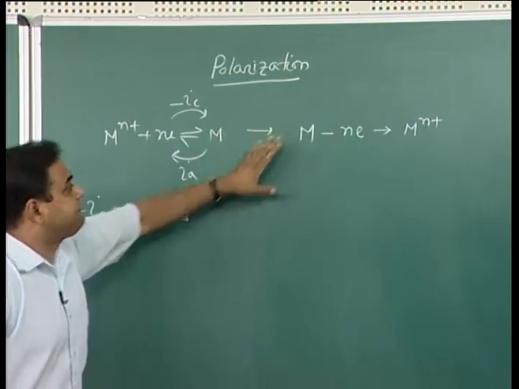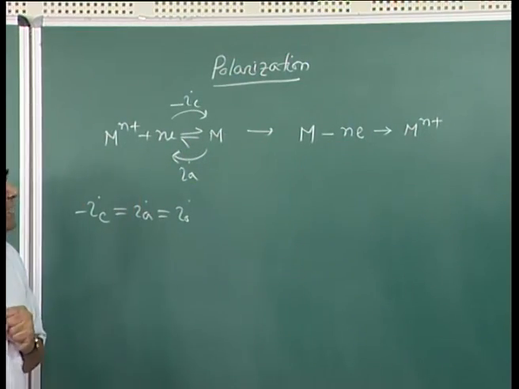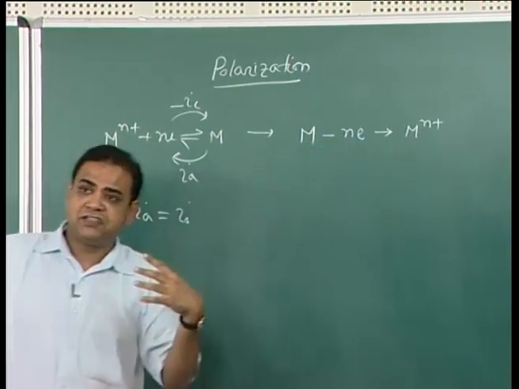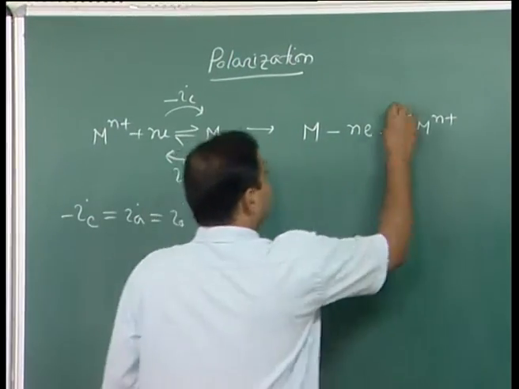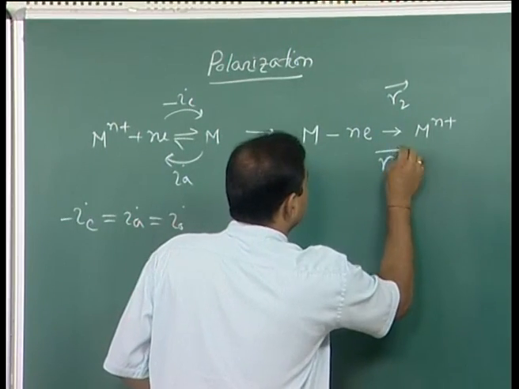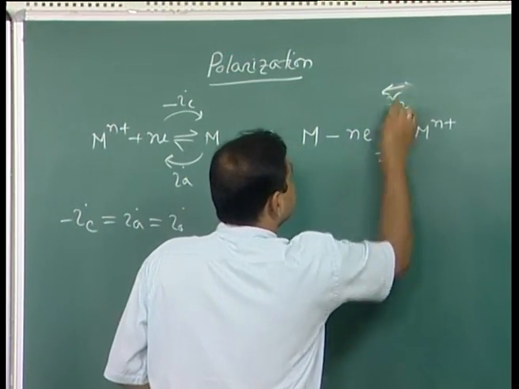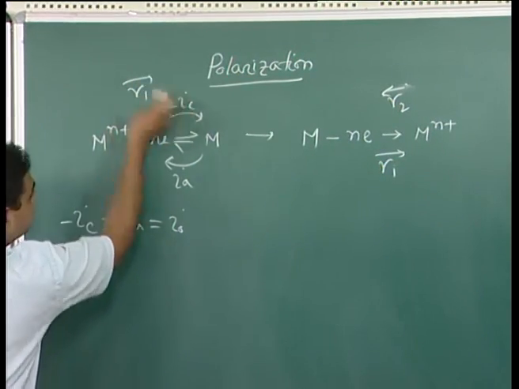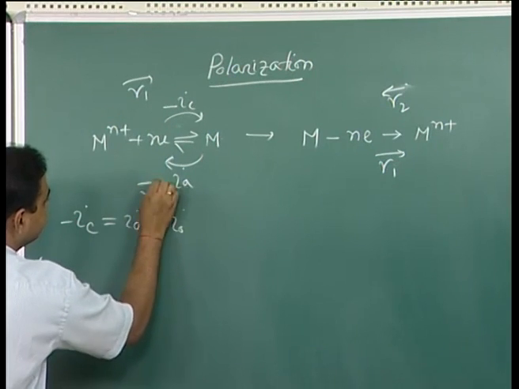So, I have preferentially this reaction. It does not mean that the backward reaction is stopped, the backward reaction is also happening. So, if you consider this to be R2 dashed, the backward reaction, and in this case this is my R1 forward reaction and this is my backward reaction.